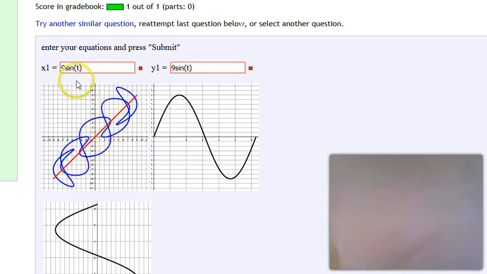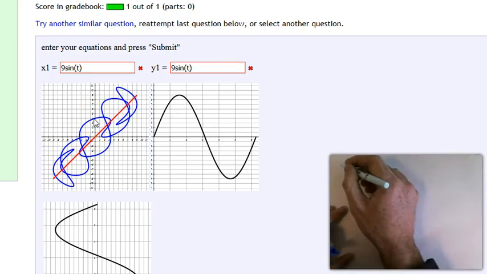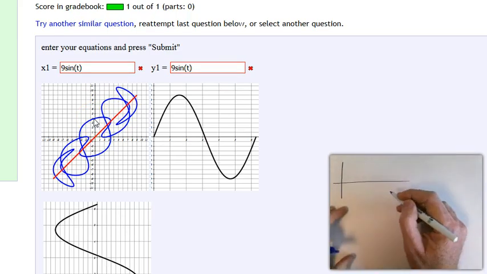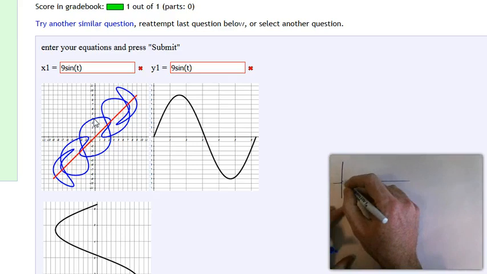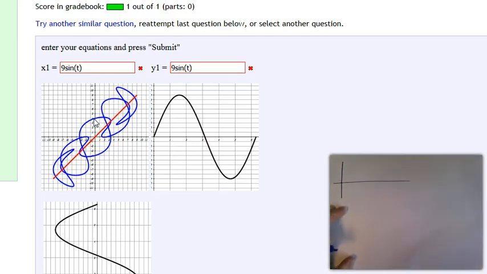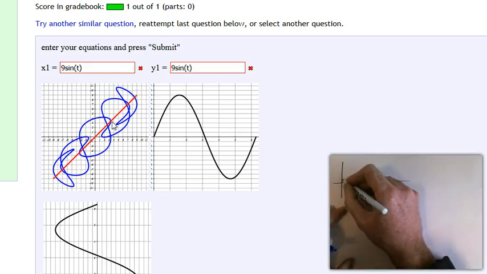So if I'm starting with a base of a sine, that means I'm probably starting either at this point or that point on the x's anyway. So let's start at this point right here, okay? And I'm going to draw a graph of x versus t. So it's starting at 0. We go up as high as, what's that, a little over 3.